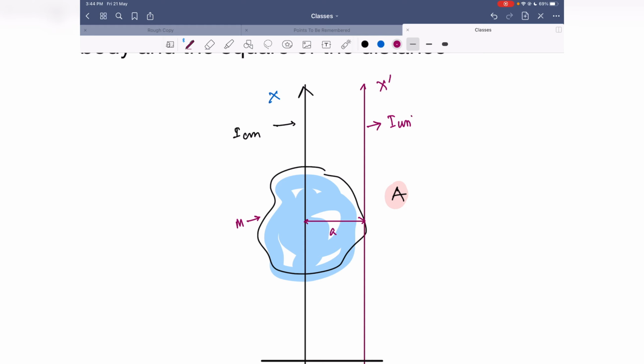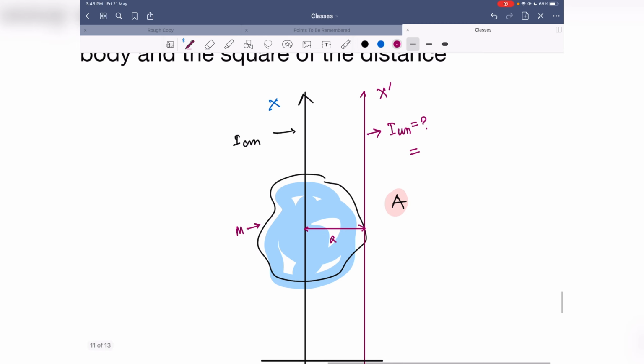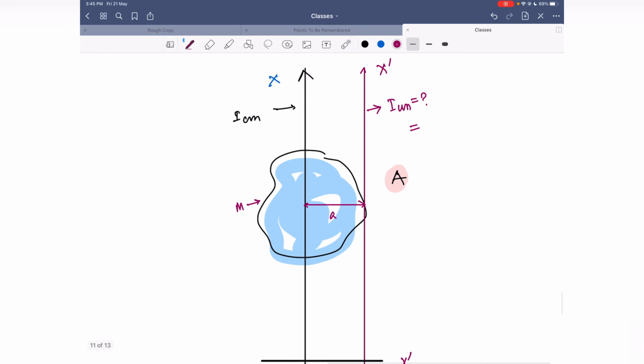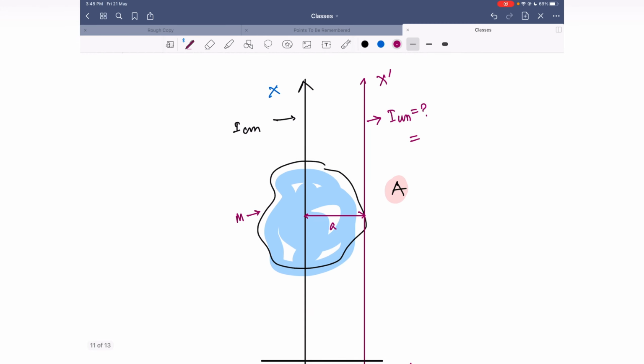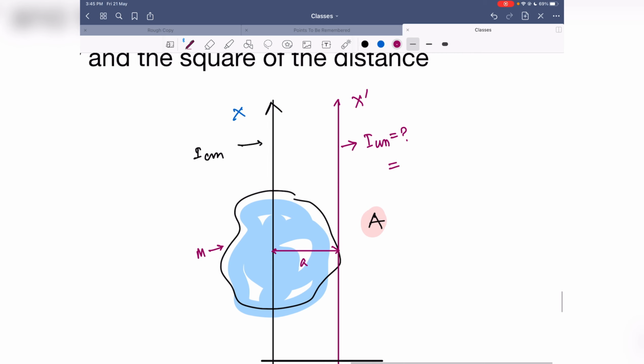This is unknown. Now according to the parallel axis theorem I can write the moment of inertia of the body about the x dash y dash axis, which is passing through the body and is parallel to the axis xy. So I can write it to be the moment of inertia about the center of mass plus mass of the body into the distance between the two axes square.